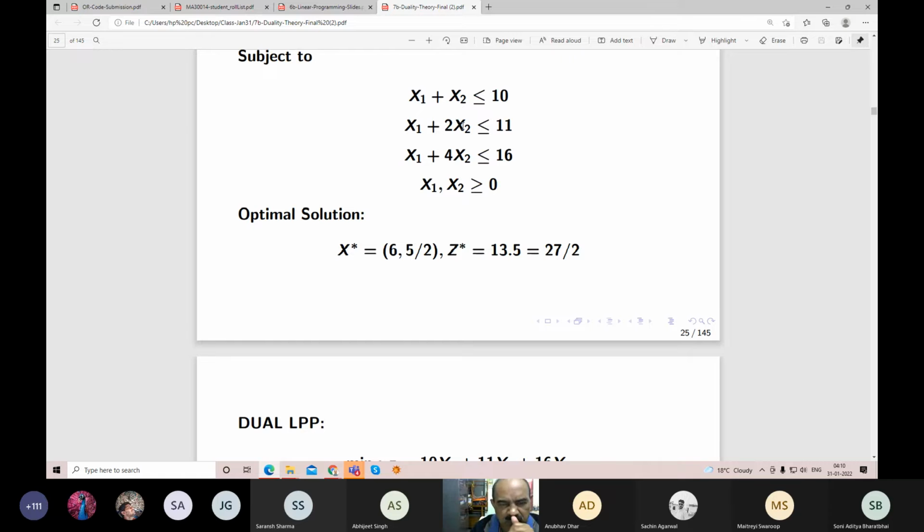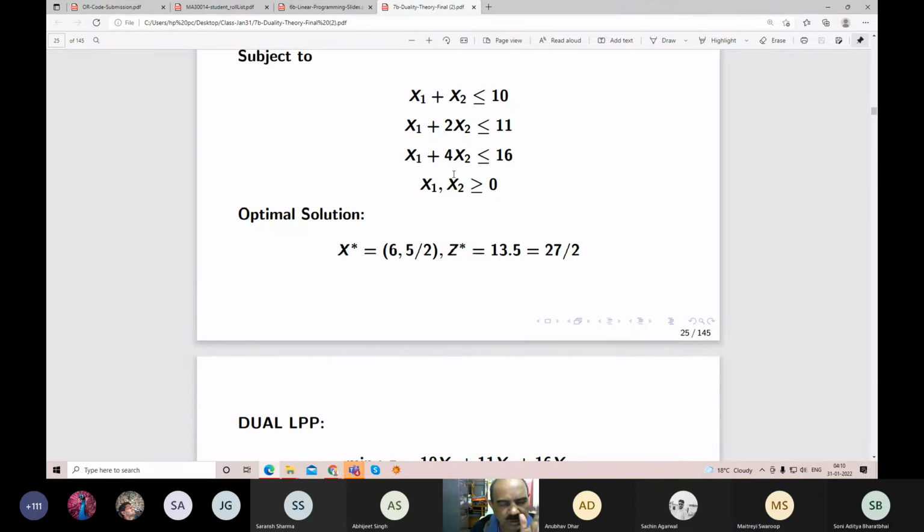Is the first constraint fulfilled? Yes. Is the second constraint fulfilled? Yes. Is the third constraint fulfilled? Yes. It is satisfied also.